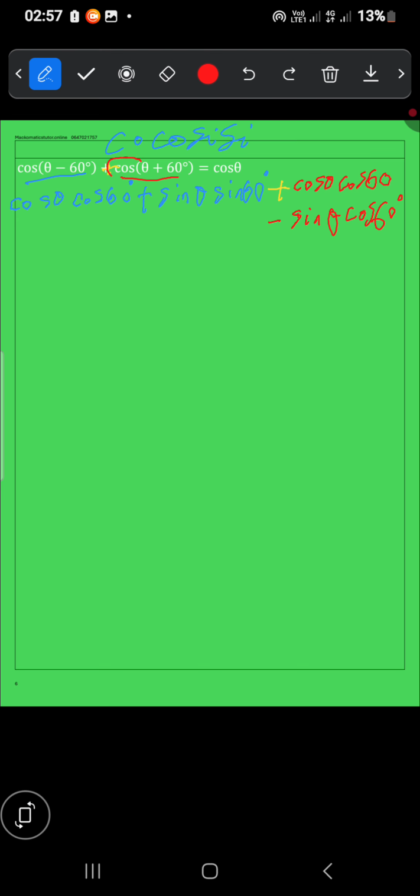So this one is expanded like this. This is the expanded part of it. This expanded to that.